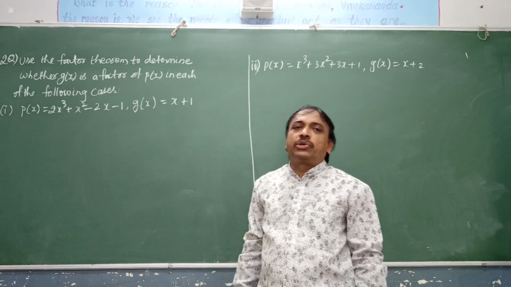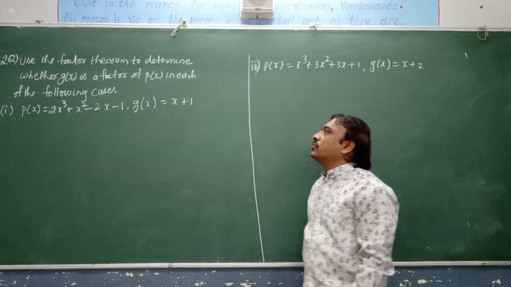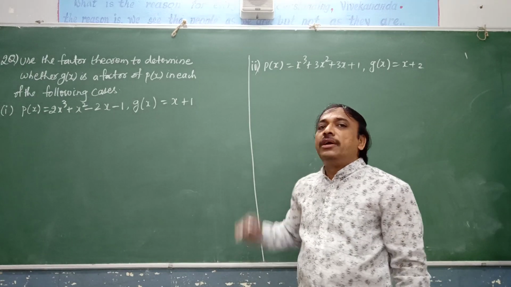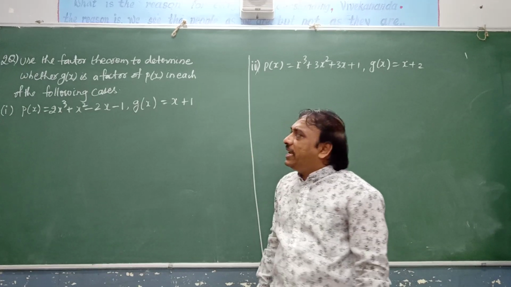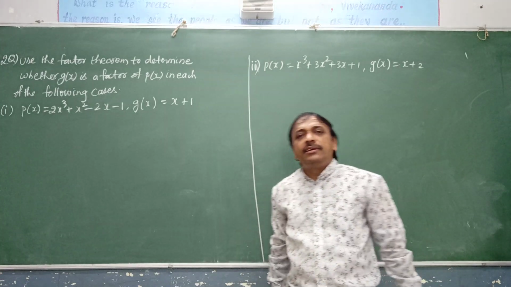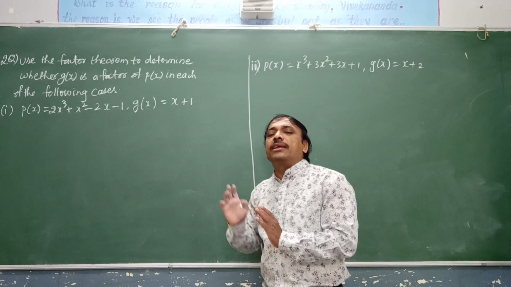Now we see question number 2 from the same exercise: use the factor theorem to determine whether g of x is a factor of p of x in each of the following cases. P of x is the dividend, g of x is the divisor. Whether the divisor is a factor or not.